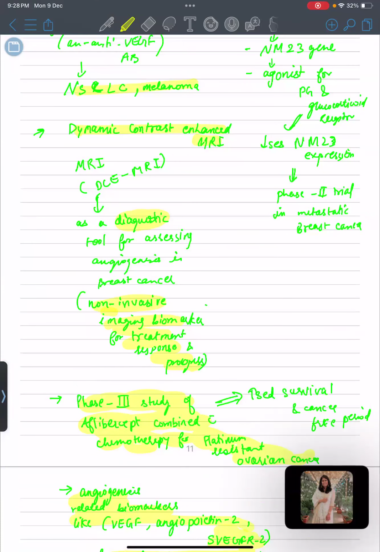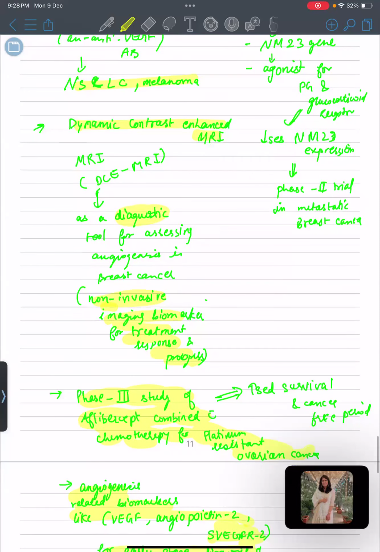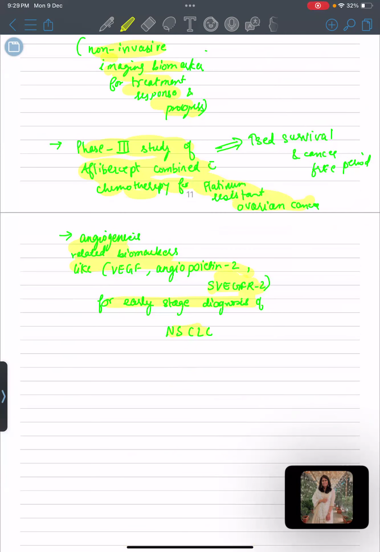This is a diagnostic study to see whether this non-invasive procedure as an imaging biomarker for treatment response in breast cancer is useful or not. So they basically assess the angiogenesis in breast cancer using dynamic contrast enhanced MRI. Then we have phase 3 of another drug, aflibercept, combined with chemotherapy for platinum-resistant ovarian tumors.